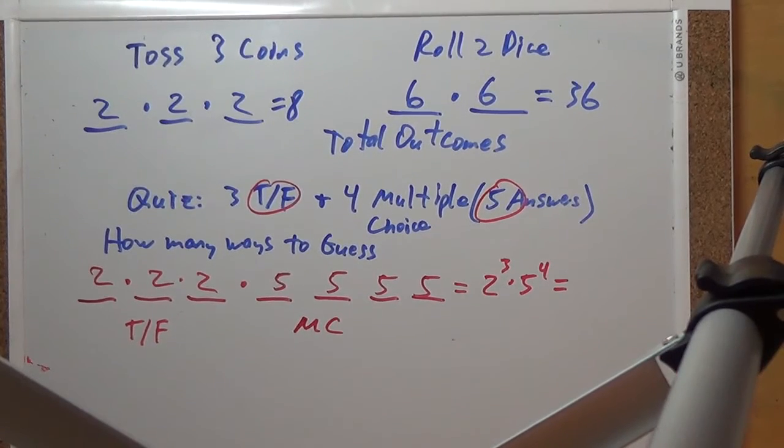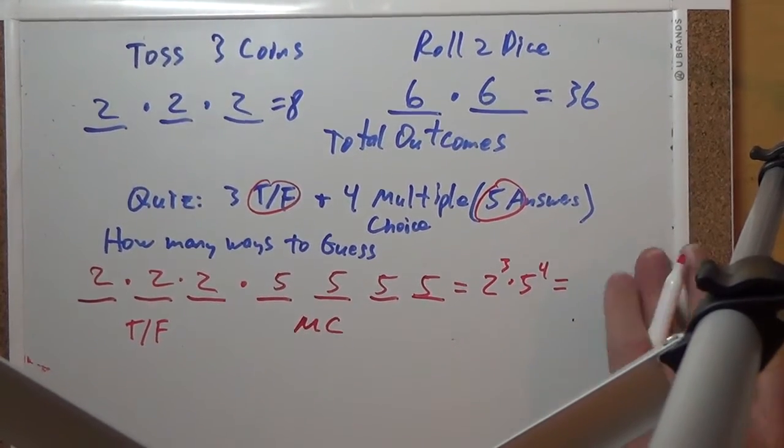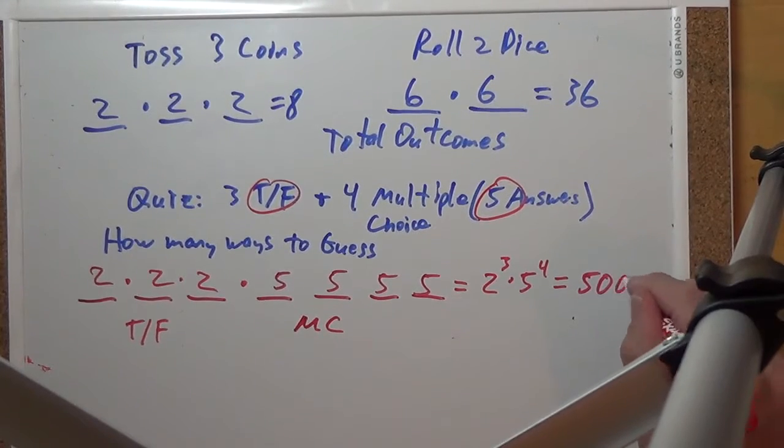If somebody had a calculator handy. Well, there's only 8,000 ways this could be answered. Wait. Sorry, I got ahead of myself. 5,000. And no, I'm not redoing the video for that mistake.